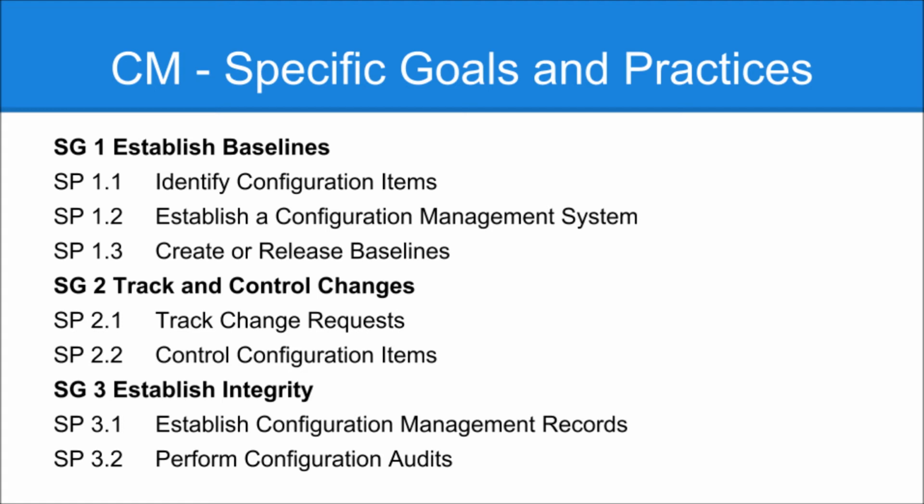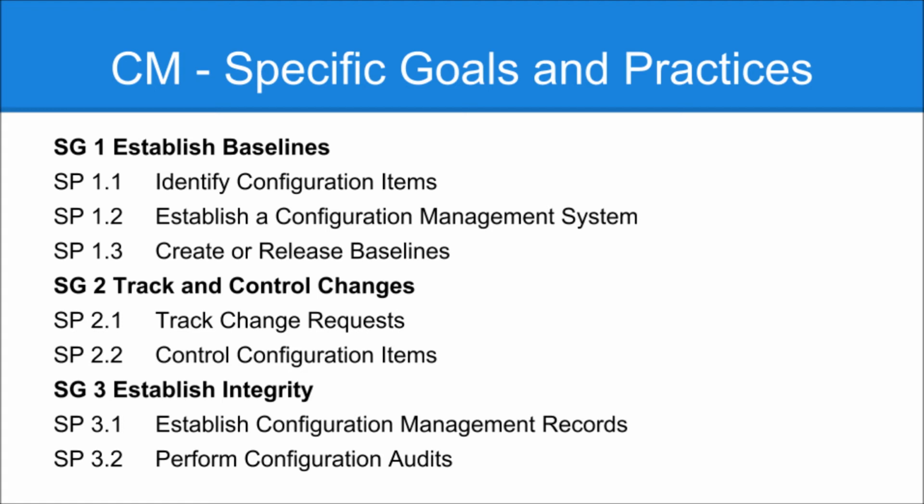मतलब आपके पास में प्रॉपर ऑथराइजेशन होना चाहिए. Secondly is to create or release baselines only from configuration items. जो भी आप बेसलाइन क्रिएट कर रहे हैं वो आपके कॉन्फ़िगरेशन आइटम से ही बन के रिलीज होना चाहिए.